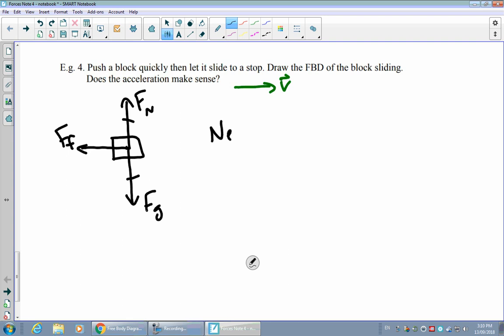Well, let's analyze this. What direction is the net force actually going in? Well, in this case, specifically, we haven't really labeled it as north, south, east, west or anything like that, but we'll say backwards. So what is that telling us?